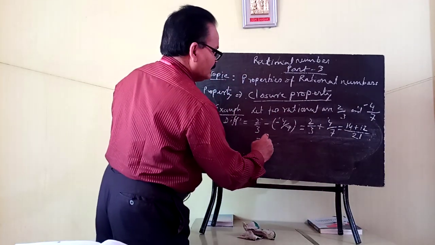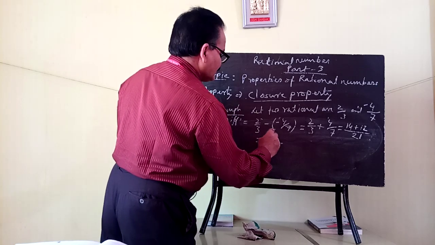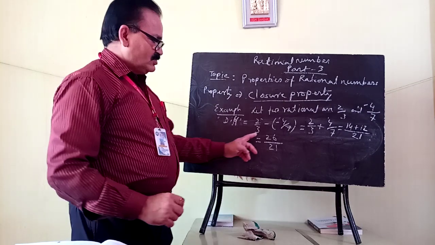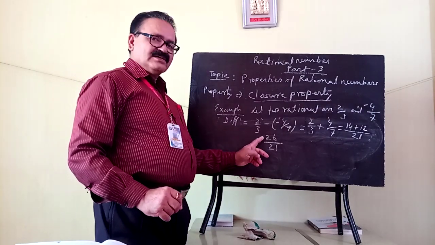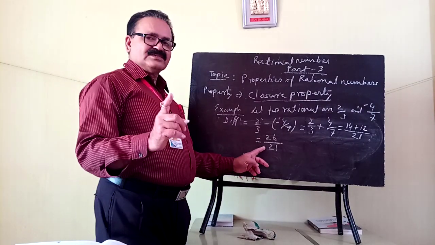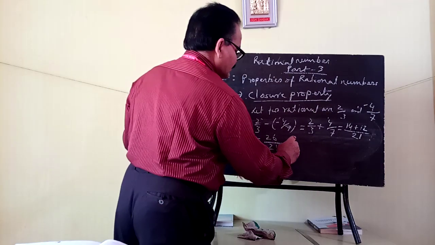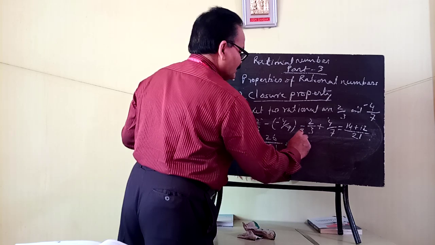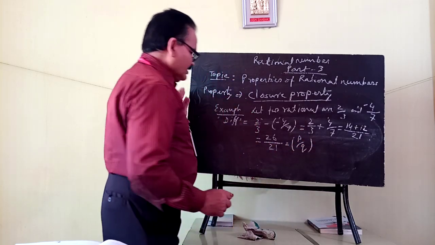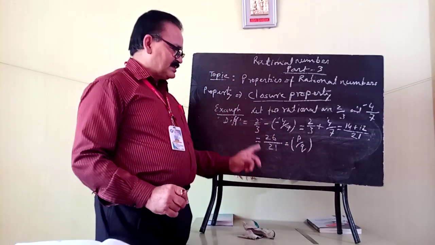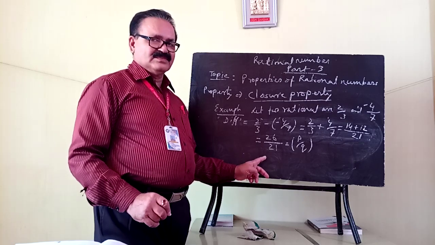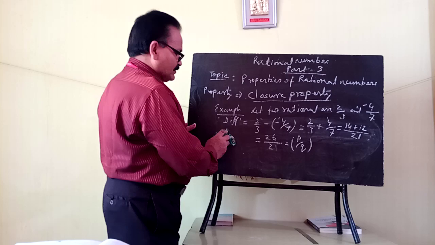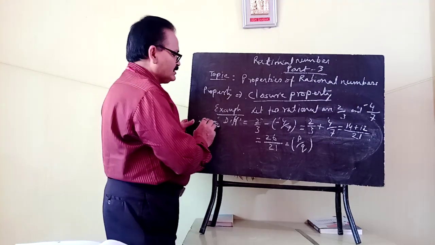So this will become 26 by 21. The HCF between 26 and 21 is only 1, so this is the lowest form. This is also in P by Q form. So the difference of two rationals is also a rational number. So it holds true for the closure property of difference. Okay, should I remove it?